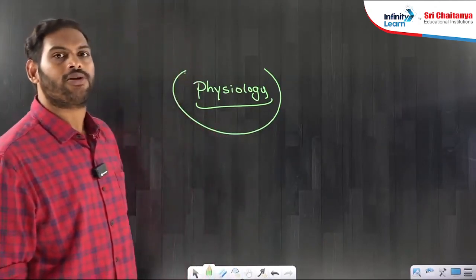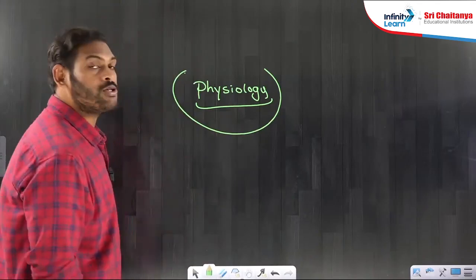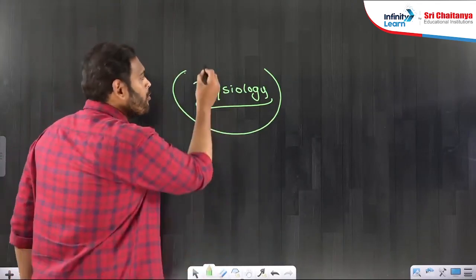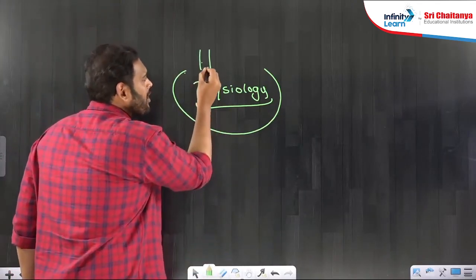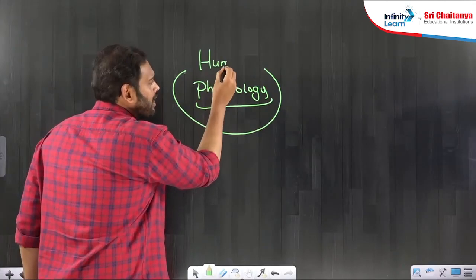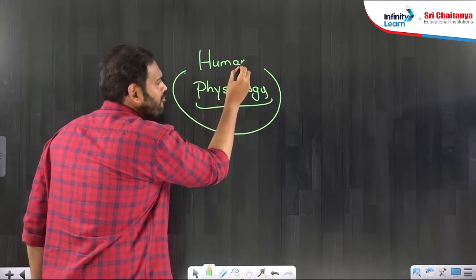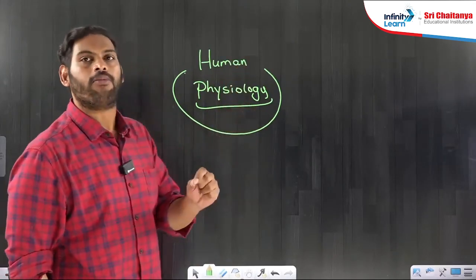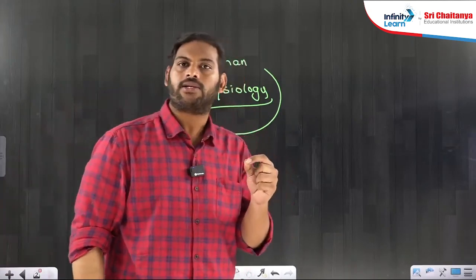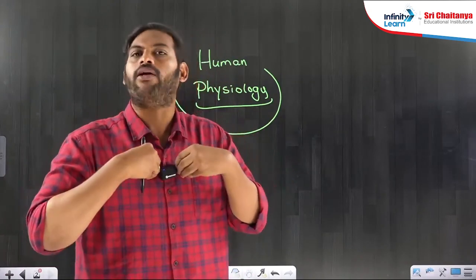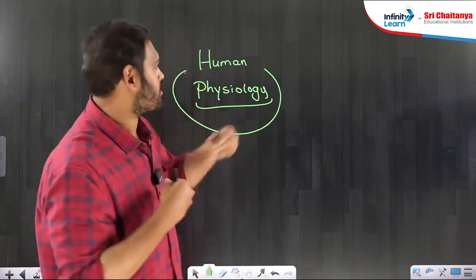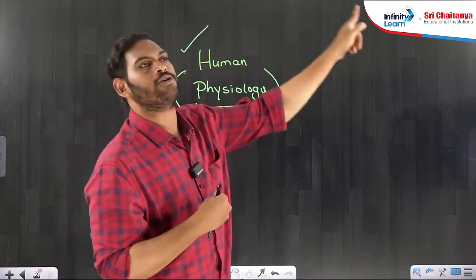We will be mostly focusing on physiology at the human interface. Therefore, let us upgrade this as human physiology. Studying about all organ systems of our own body is referred to as human physiology.